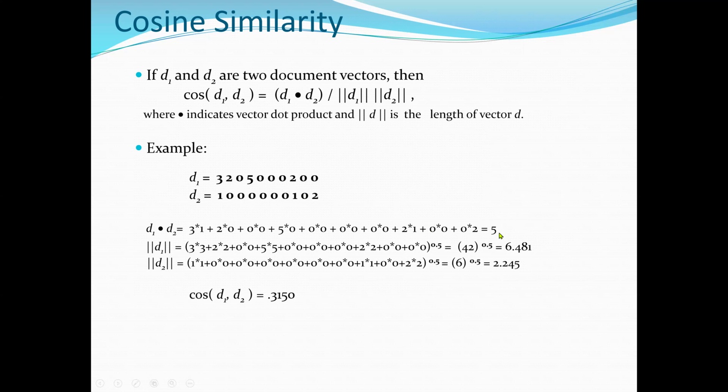And when we do that, we will get 5. Then we can also find the lengths of the vectors D1 and D2. If we know these three values, we can plug them into the formula for cosine, and our result was 0.3150.